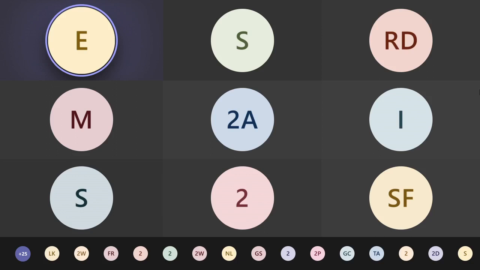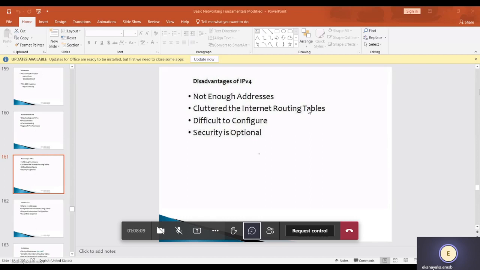So let's see, right? I'll show you the slide. You can see the disadvantages of IPv4.